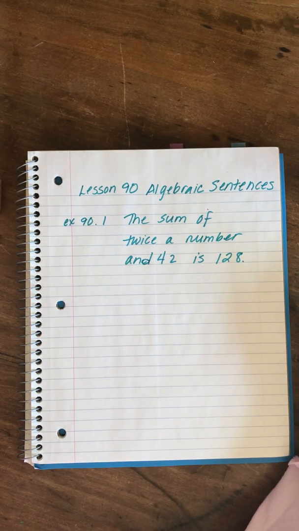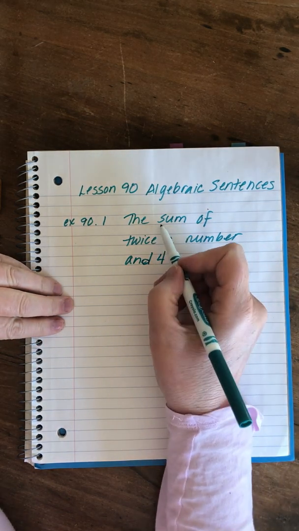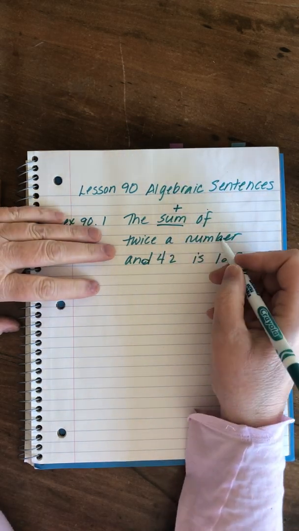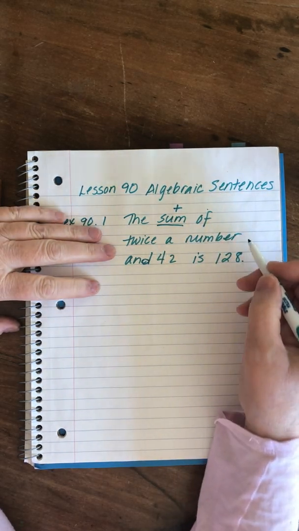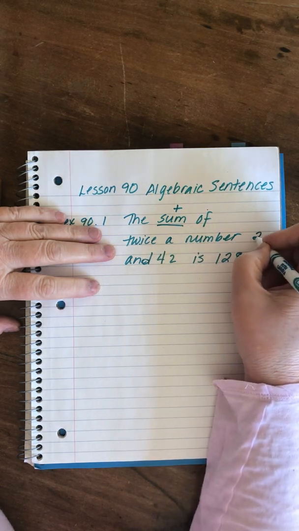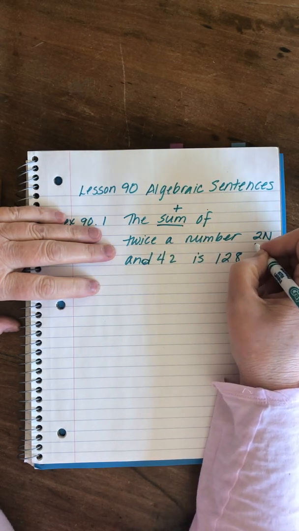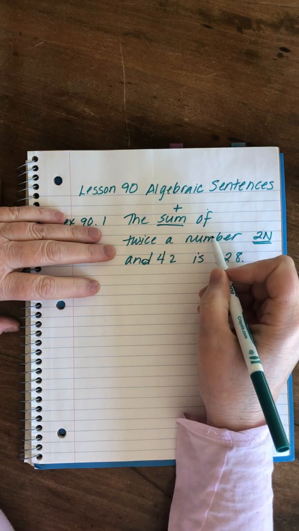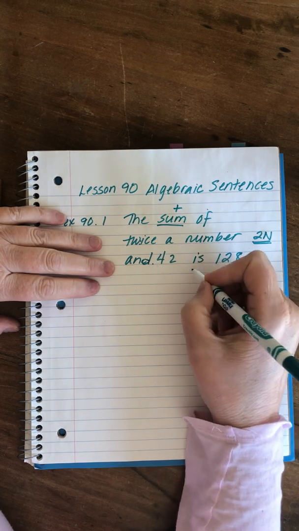You'll be able to do it in your head. The sum means adding, of twice a number. We've played with this a little bit, and you know that twice a number means 2 times the number. So that's how we write twice a number.